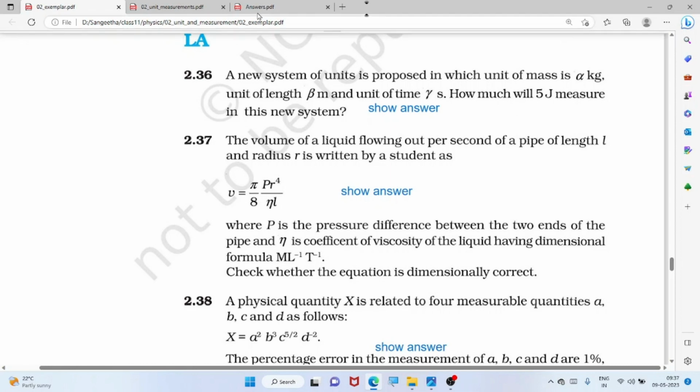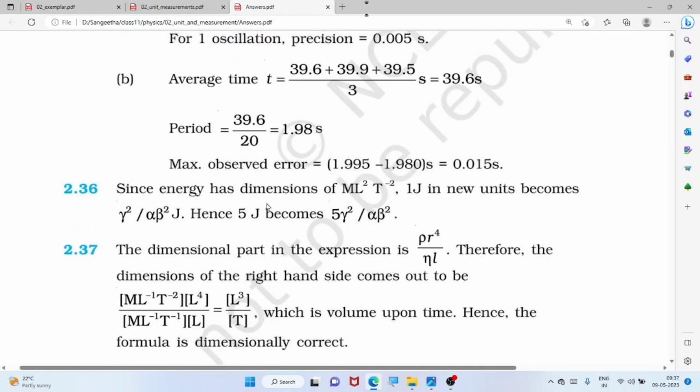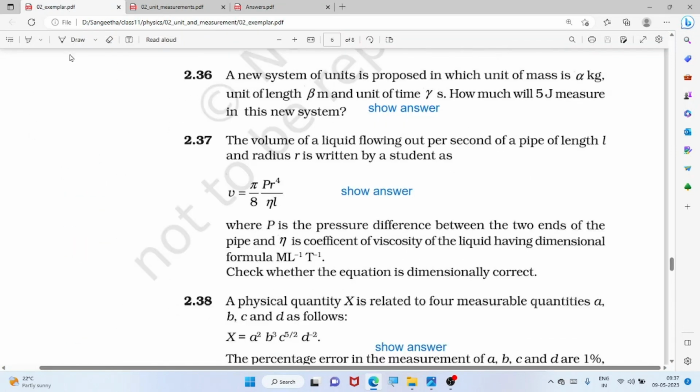How much is 5 joules measured in this new system of units? Okay, 36. Since energy has this dimension of joules, the unit will be mass, length, time, so you are multiplying it. 36, 37.